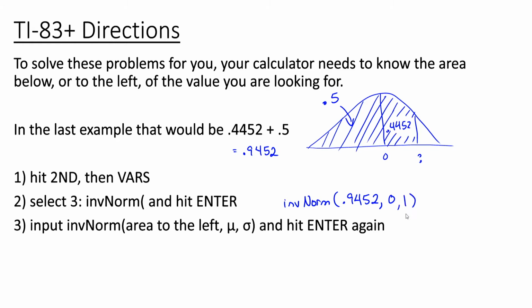In this problem, we were dealing with the standard normal curve. If you're dealing with something that's not standard normal and they give you a different mean and different standard deviation, that's where you would put those in. So you input this into the calculator, you end up getting 1.59999, which rounds to 1.6, which is close to what we had before.